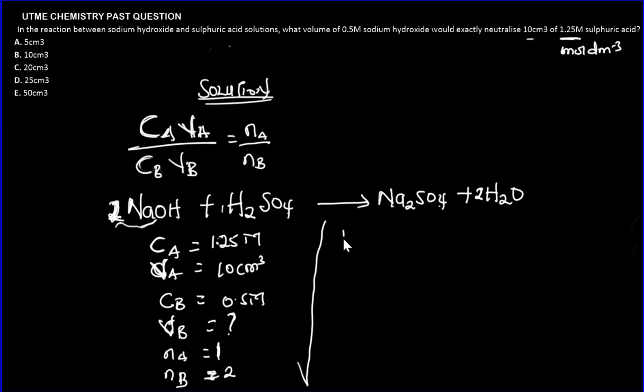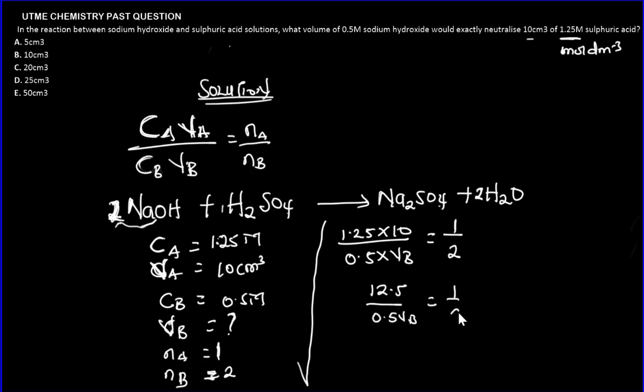We have 1.25 times 10 over the concentration of the base, 0.5, times the volume of the base we are looking for, equals the number of moles of acid, 1, over the number of moles of base, 2. So here we have 12.5 over 0.5 VB equals 1 over 2.